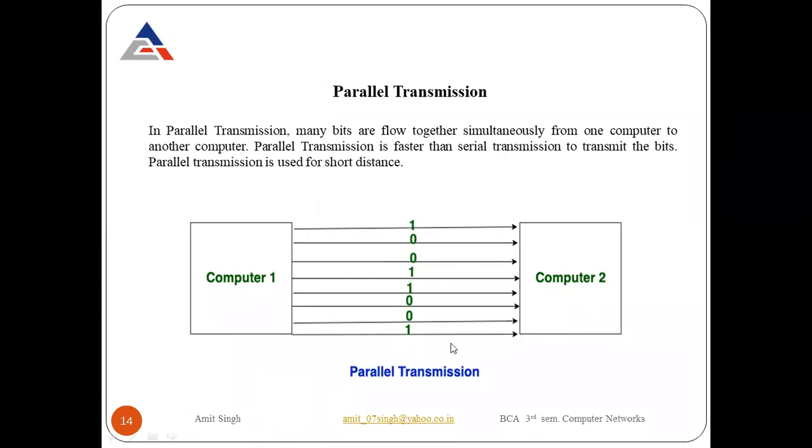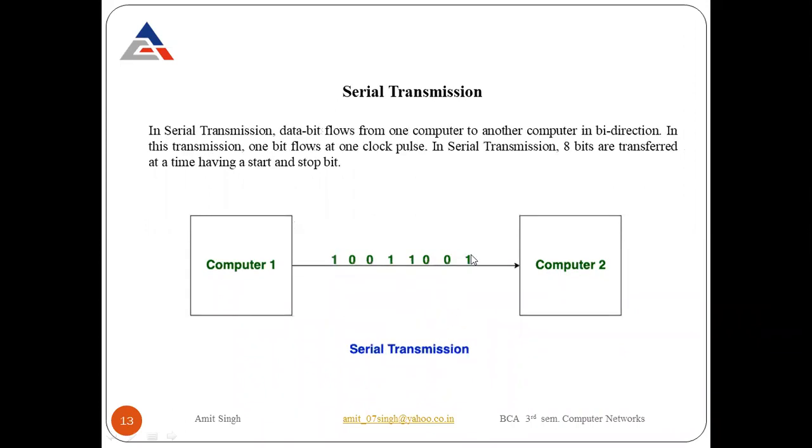How much faster? Suppose it requires 1 second for one bit to be sent. We have 1, 2, 3, 4, 5, 6, 7, 8. Suppose I am at computer 1 and you are at computer 2, and I am going to send 8 different bits. One bit takes 1 second, so 8 bits require 8 seconds.